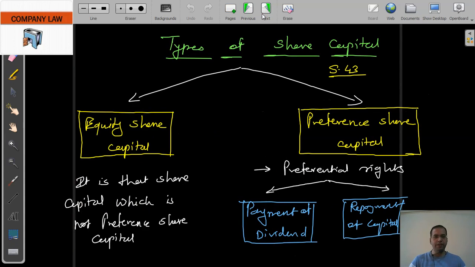Then we started with types of share capital. It is divided into two categories: equity share capital and preference share capital. Equity share capital is basically that which is not preference share capital.